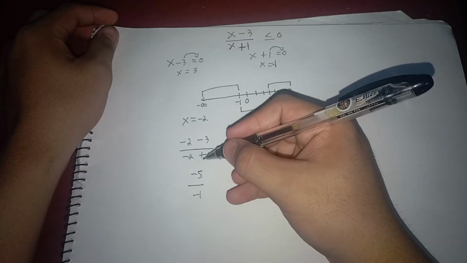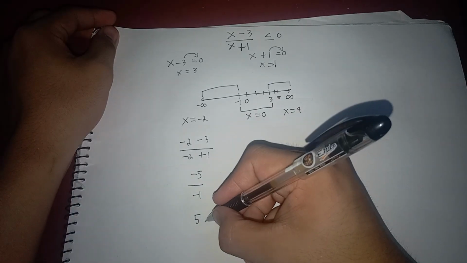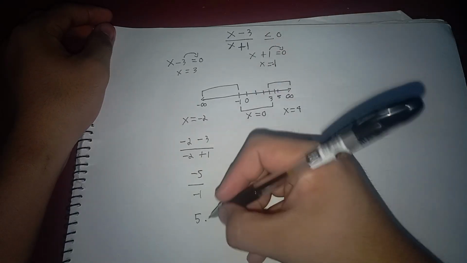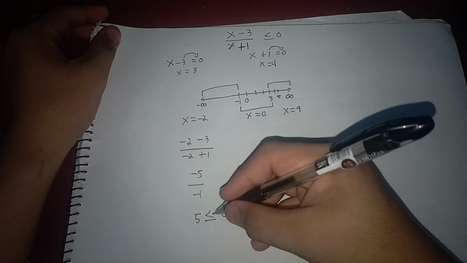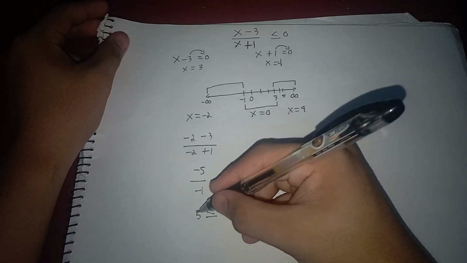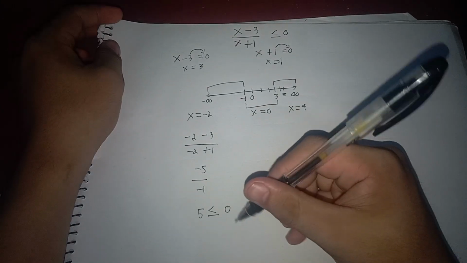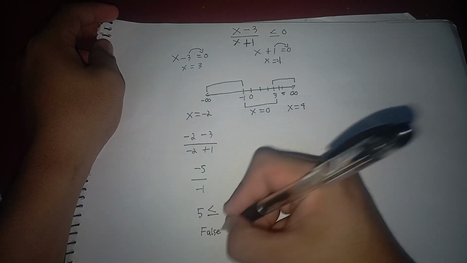Then negative 5 divided by negative 1 is positive 5. Now we're gonna copy the inequality here. Is 5 equal to or less than 0? This is false, so we're just gonna put false there.